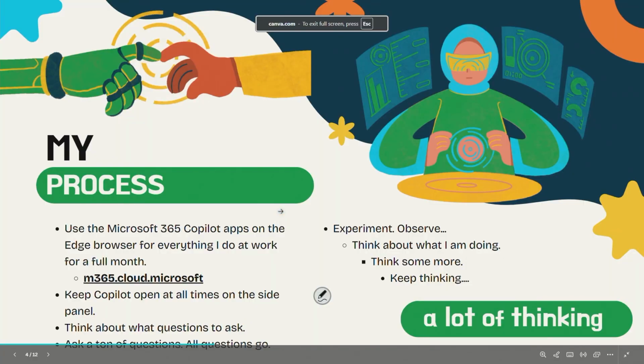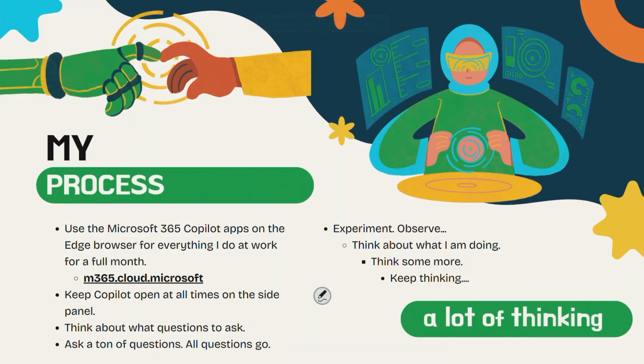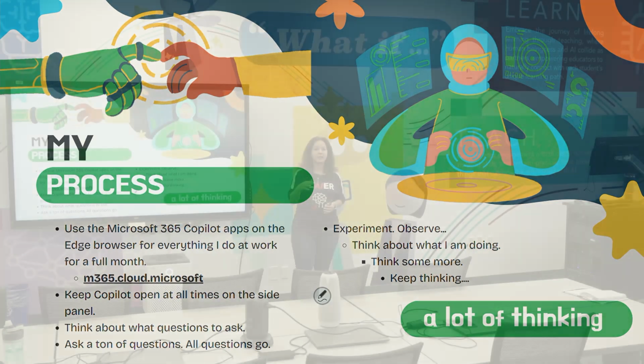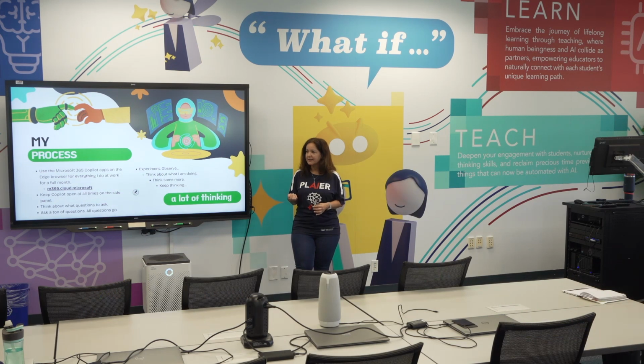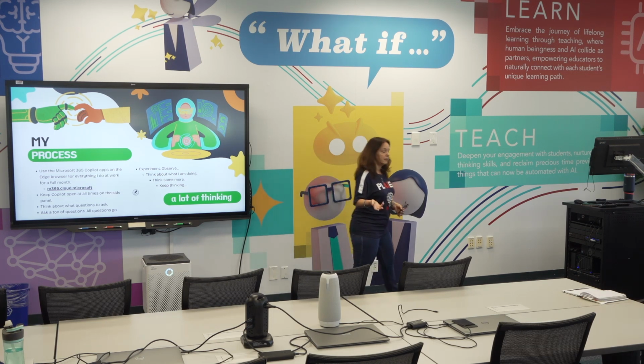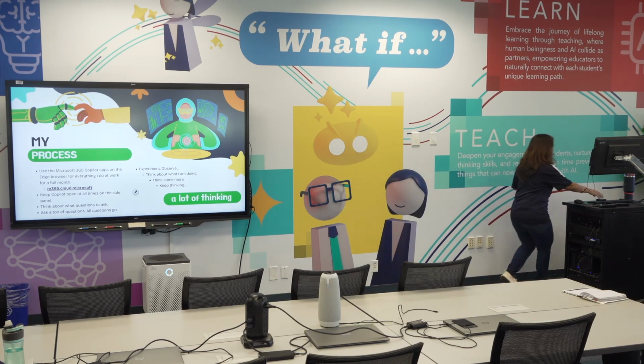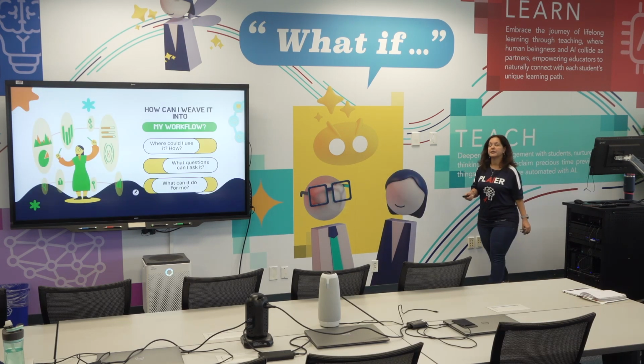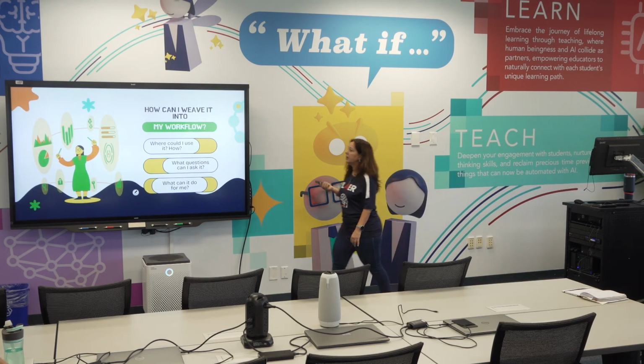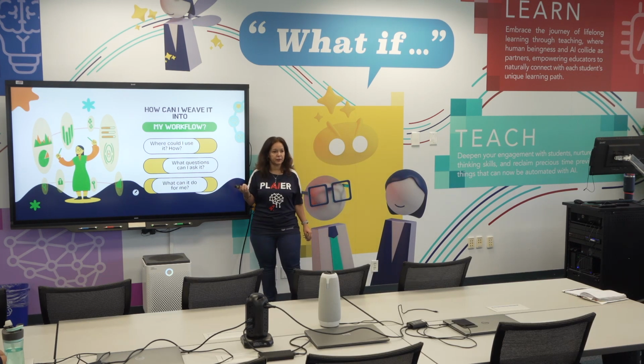So that's what I did for the whole month. I spent a month having it opened on the side panel and basically going through my regular tasks and asking myself, how can the AI help me with my daily, everyday routine tasks? And as I was doing that, I was asking myself, where can I use it?